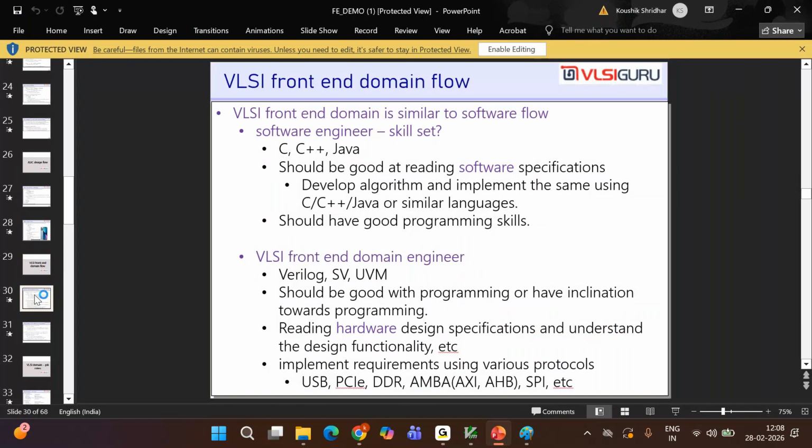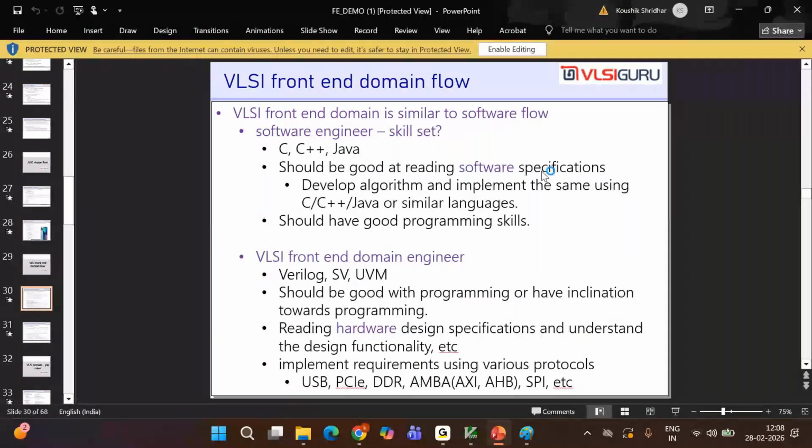VLSI front-end domain is similar to software. Software engineers will know C, C++, Java type of languages, and they should be good at reading the software specification.